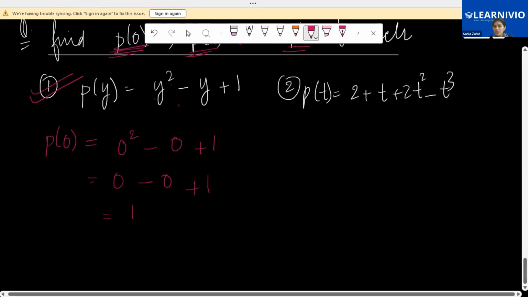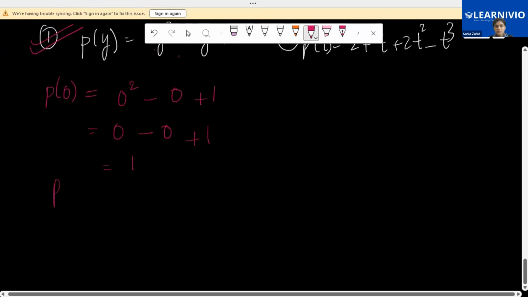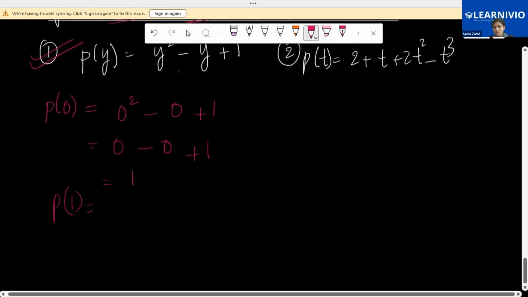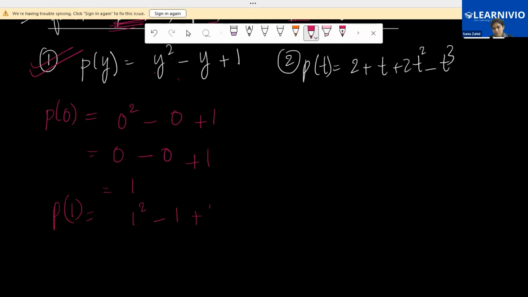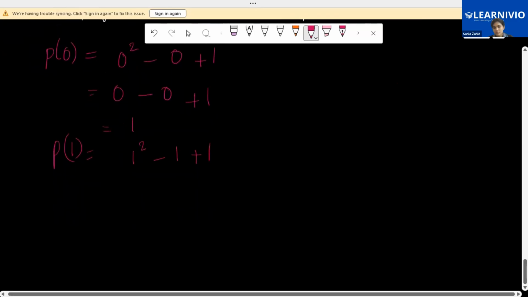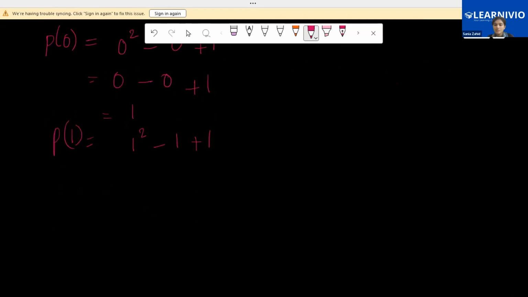Yes, you get 1. Now, Hafsa, tell us for P1. Okay, so P1, which is equal to 1 squared minus 1 plus 1. So 2 into 1. What is 1 square? 1 square is 1 into 1.